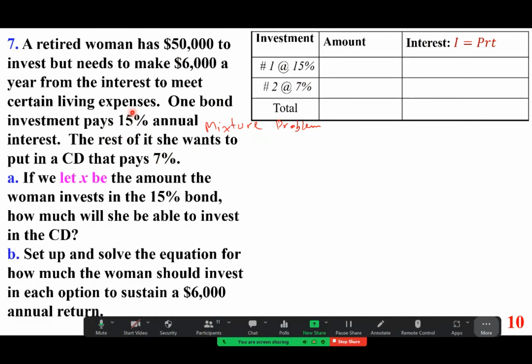And by the way, one might say, why not put all of them in 15%? There are some issues and taxation issues and other issues that may not let you do that. And so let X be the amount the woman invests in the 15%. So in the 15%, we put X amount.